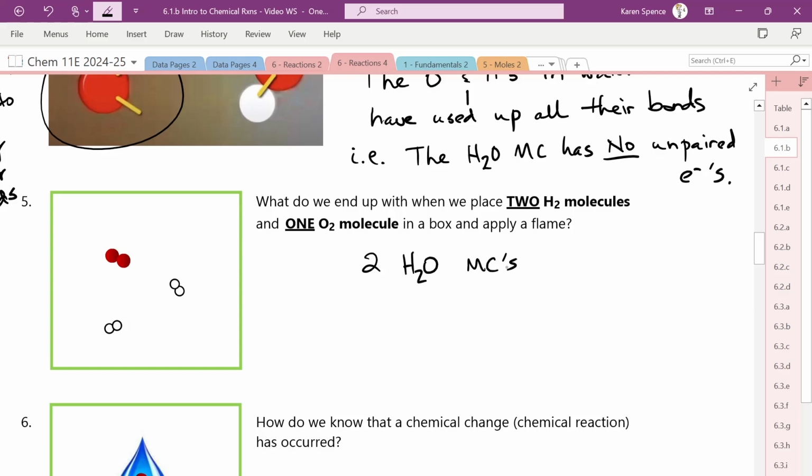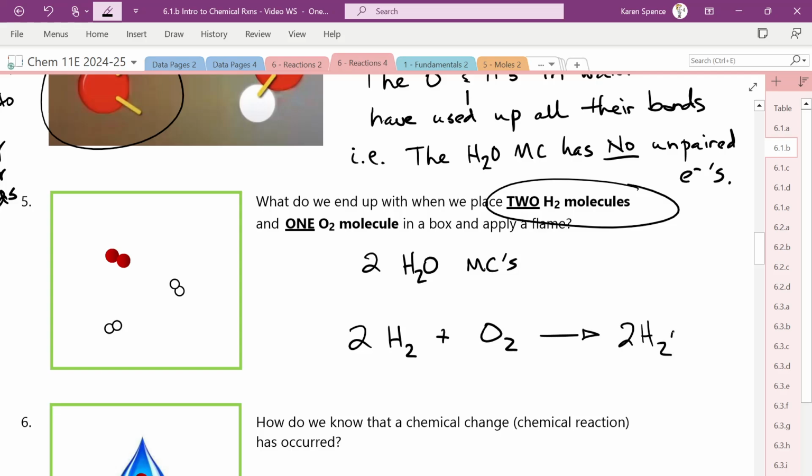And if we were to write this as an equation, we would have 2 H2 molecules and 1 O2 molecule. Do we write a coefficient of 1? No. And do I write an equal sign or an arrow? An arrow. And we would make 2 H2O.